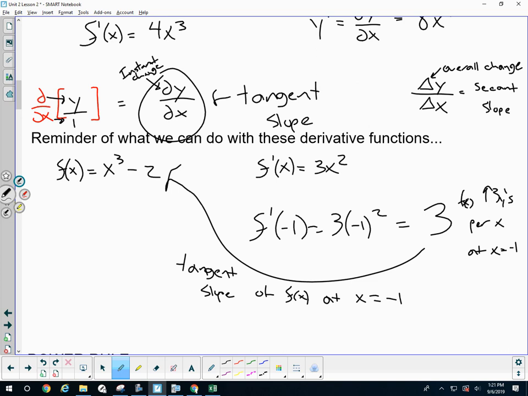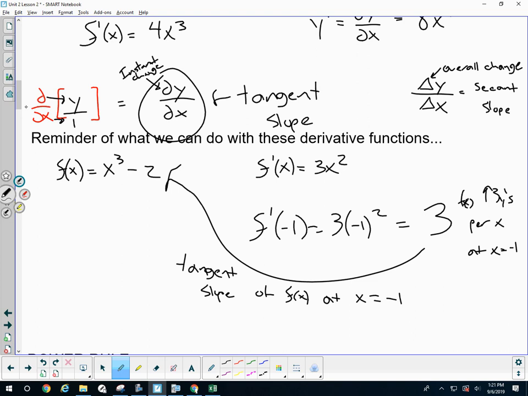Not an average change over an interval, rather, this is how quickly it's moving right at this location. Okay? Okay, great. But up until now, I've been giving you the tangent slope generator. Now it's going to be your job to find the tangent slope generator.